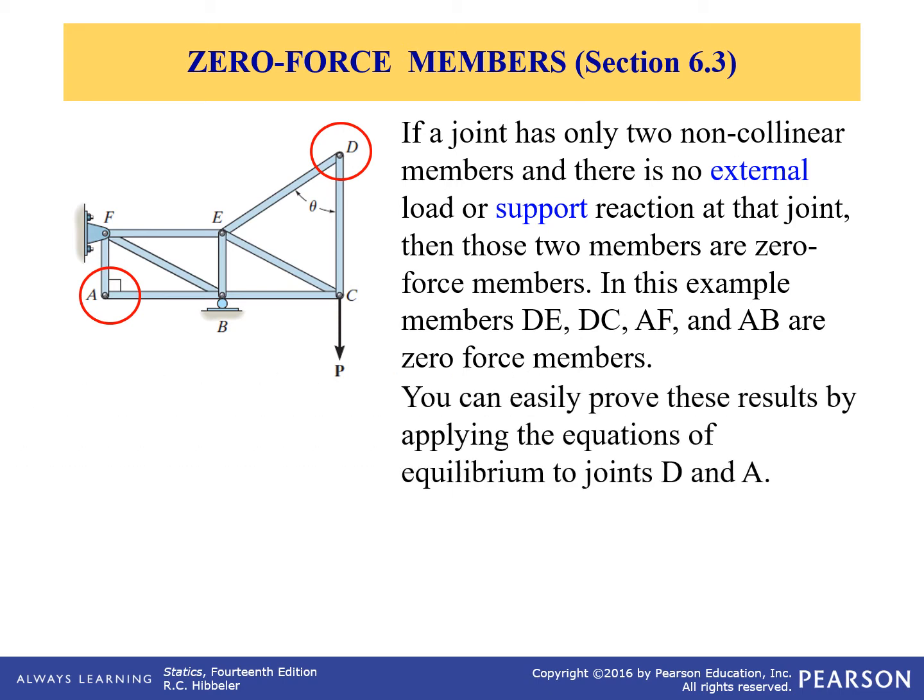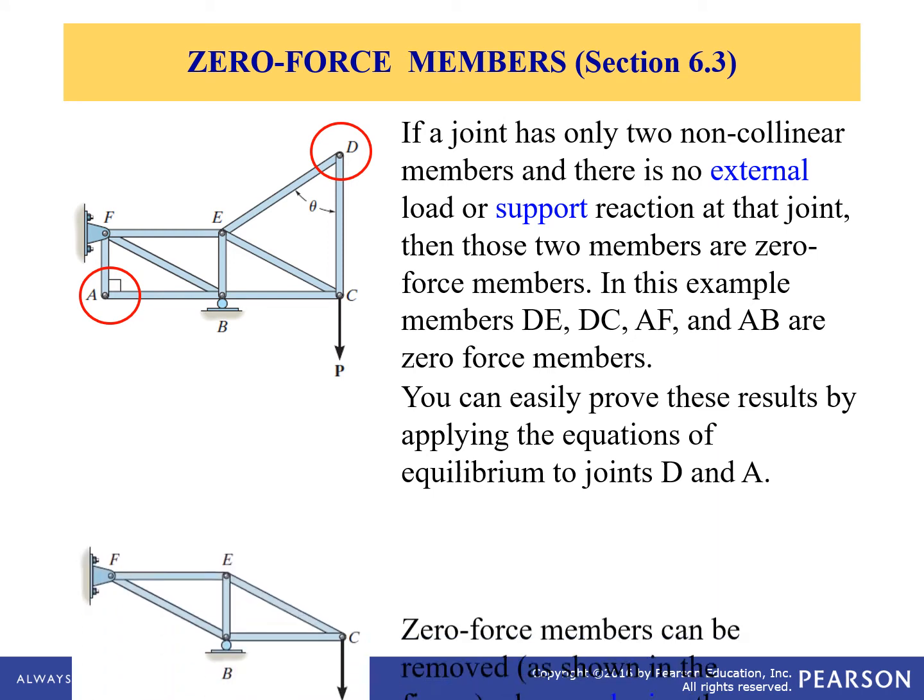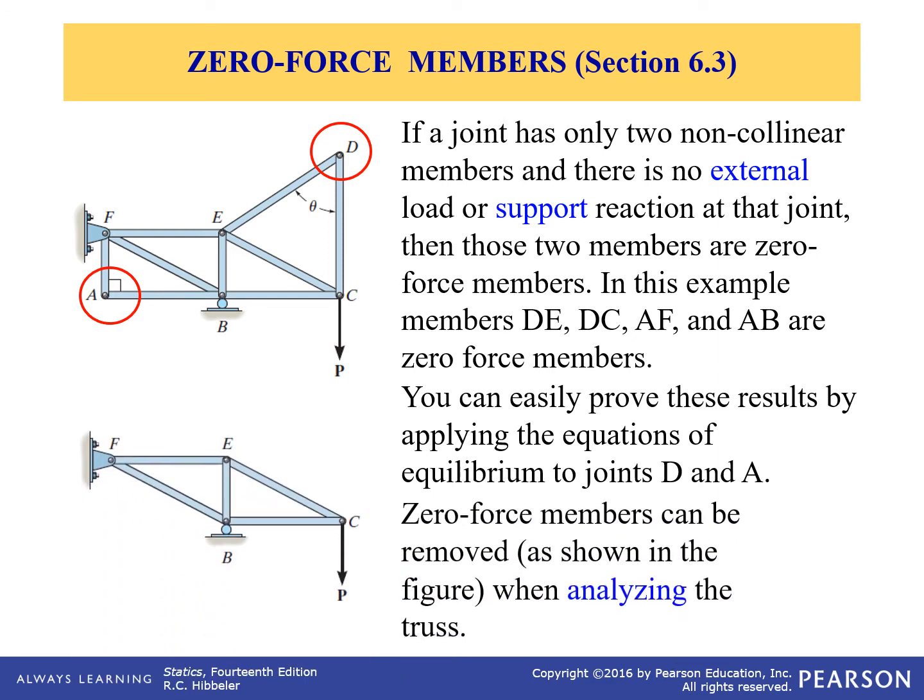So when you identify zero force members, you can take them off of your truss. Notice that the top picture has been simplified by removing A and D. Now, those are zero force members for the way the truss is currently loaded.